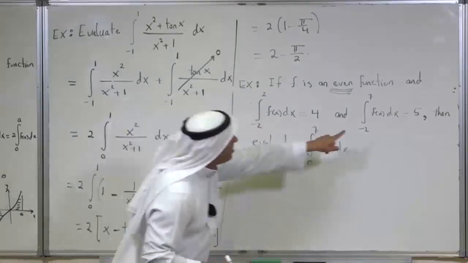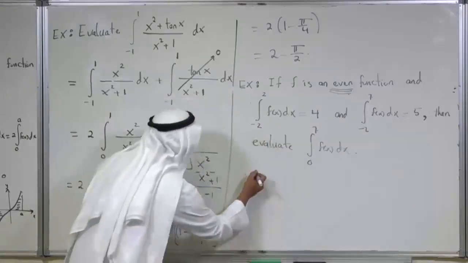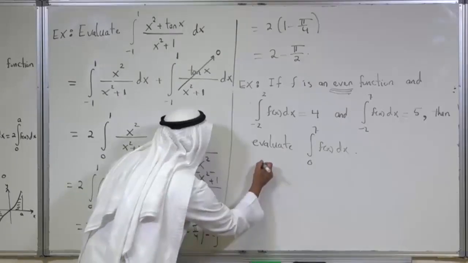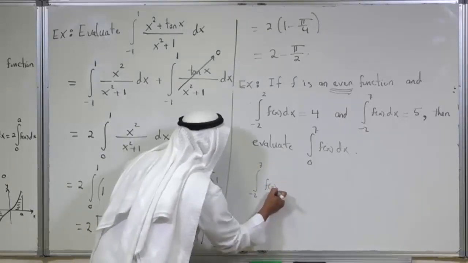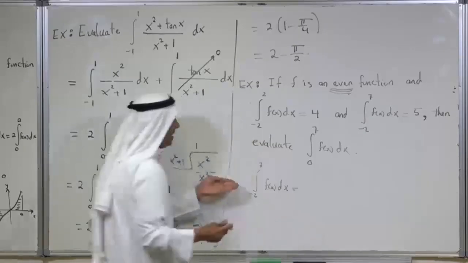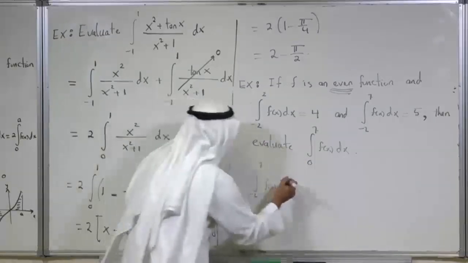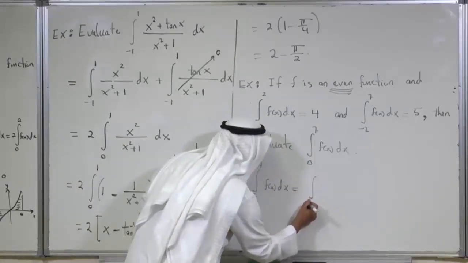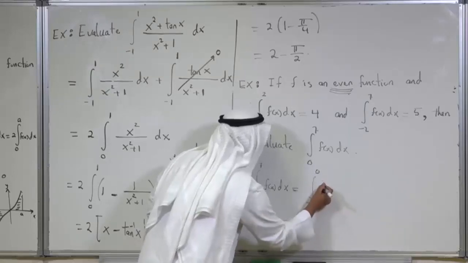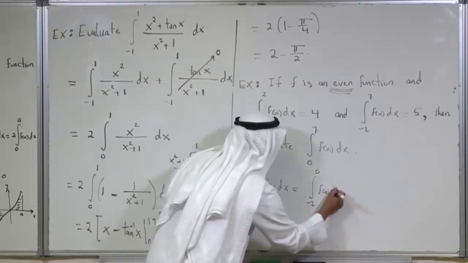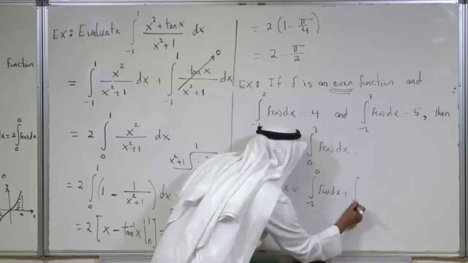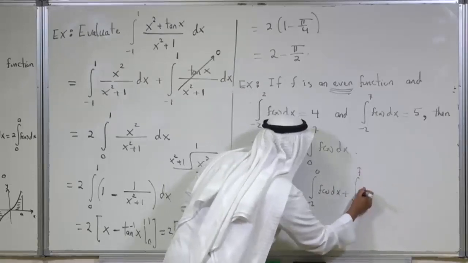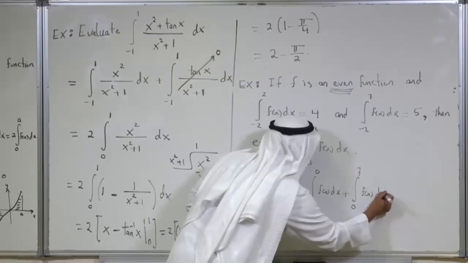Okay, let us look at this one first. What is the integral from -2 to 7 f of x dx? I'm trying to make a link between these, so I will say this is exactly equal to the integral from -2 to 0 f of x dx plus the integral from 0 to 7 f of x dx.